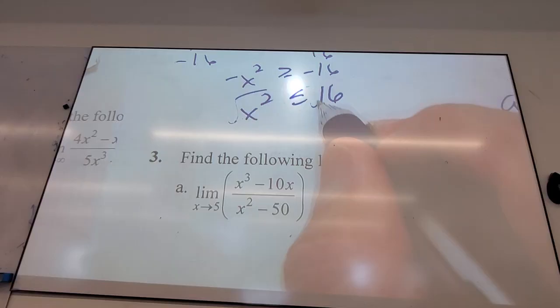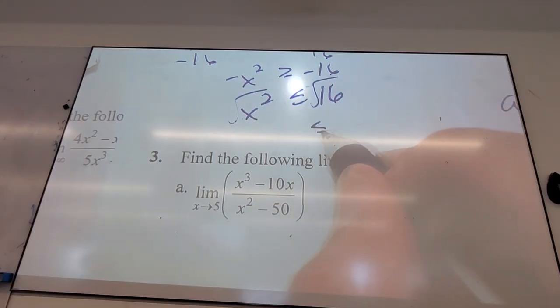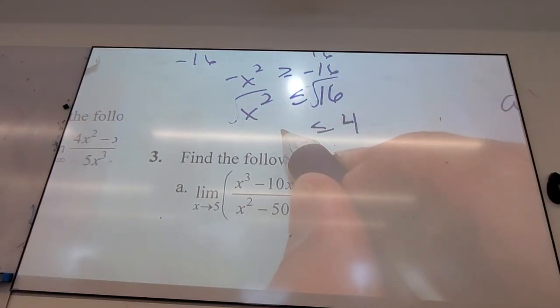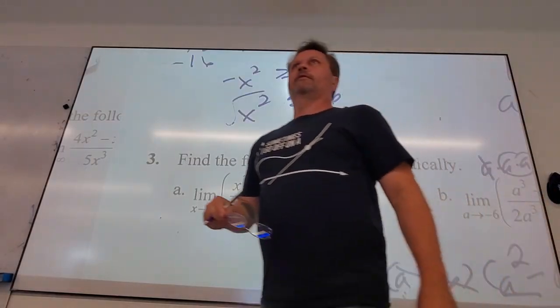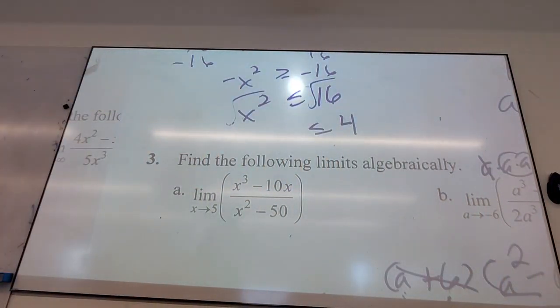What is the square root of x squared? The only thing you're missing: could x be negative? Yes, x could be negative, correct?